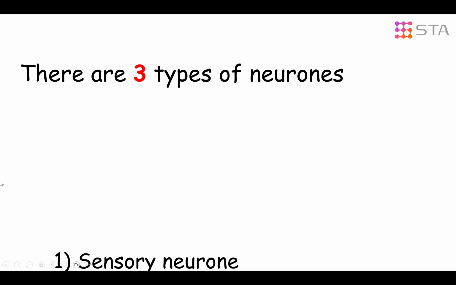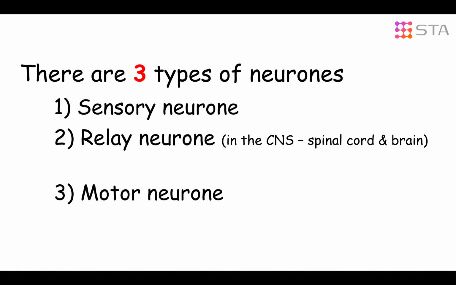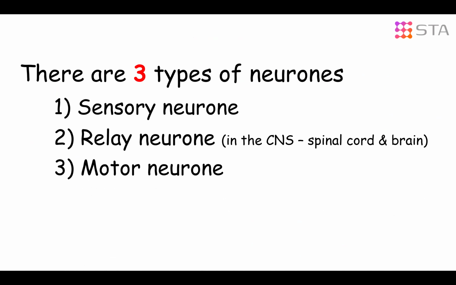Okay, moving on. Next, there are three types of neurons. Write these down. Sensory, relay, and motor neuron. Now, I'll show you that diagram again because one of the things you will notice is that sensory neurons are outside the spinal cord or brain. Motor neurons are outside the spinal cord or brain, but relay neurons are actually in the central nervous system.